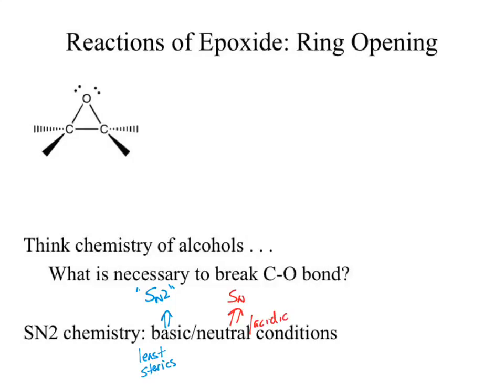This is where I would consider your SN1 type. And by SN1, I mean most stable carbocation, even though we don't form a carbocation. I will address these 2 in the next couple of slides here.